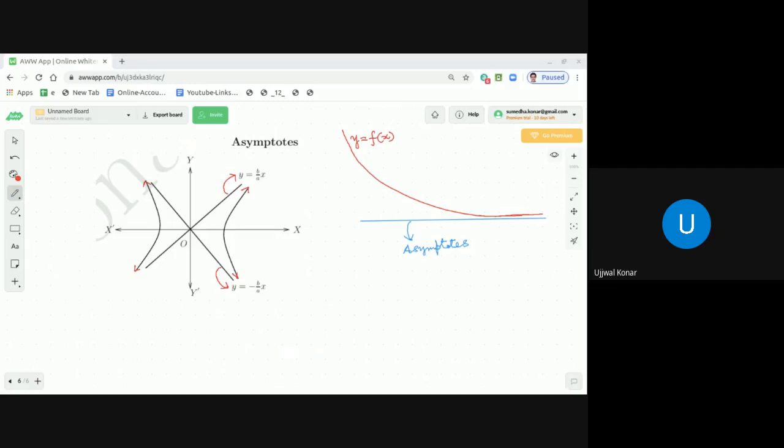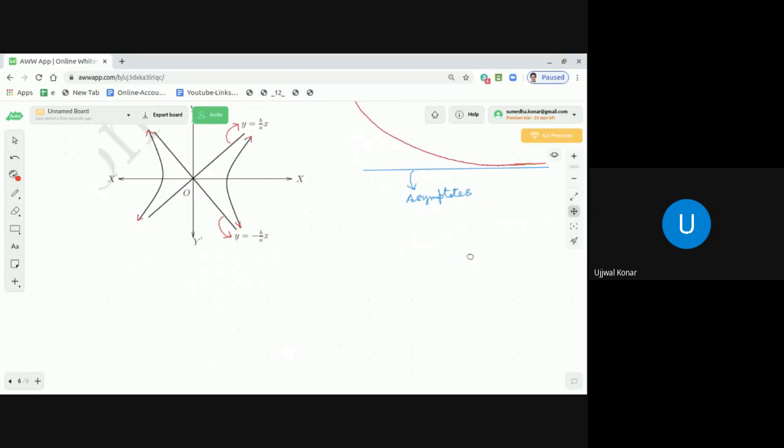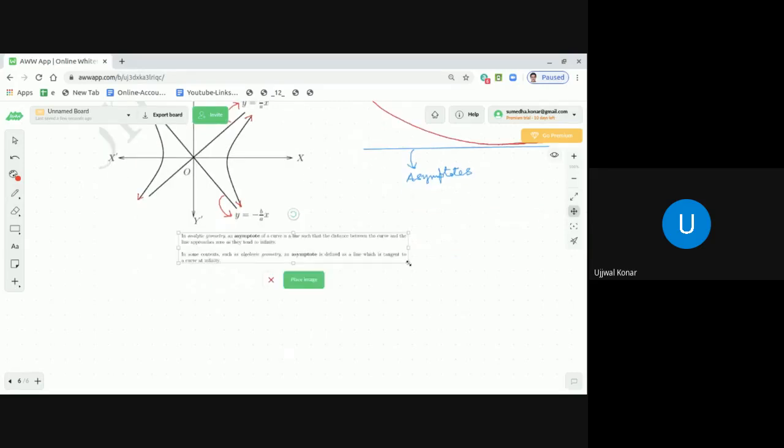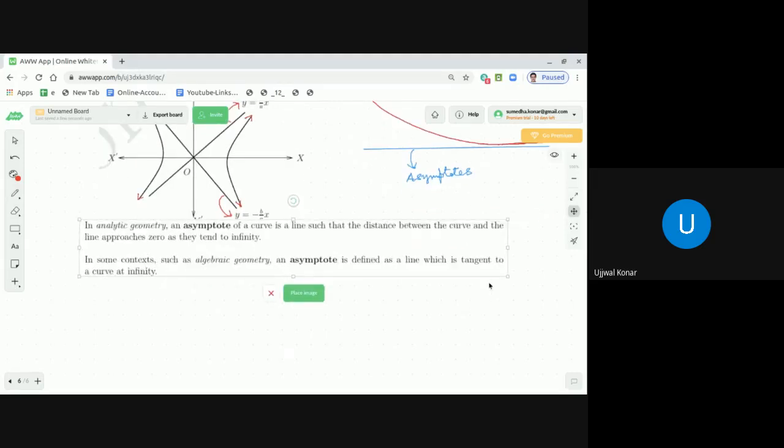I already explained the fundamental definition of asymptotes from a different perspective. Here I would like to first write down the statement, and then explain this and come to the hyperbola as well.